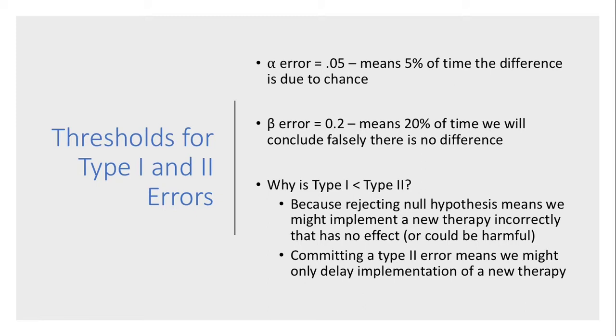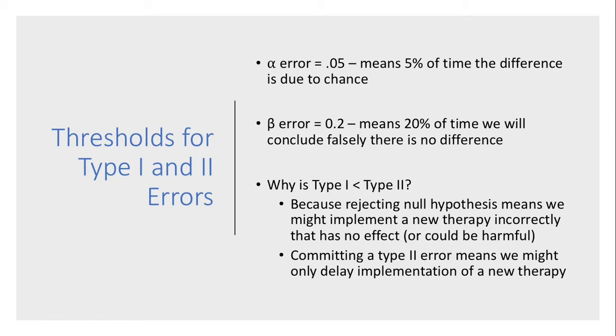So you're probably asking yourself, well, why are there differences in these rates? Why aren't they the same? Well, because rejecting the null hypothesis means we might implement a new therapy incorrectly that in fact has no effect or that could be harmful. An example of this may be, some of you may be familiar with the COX-2 inhibitor, the Vioxx studies, which later on they found had some significant adverse effects.